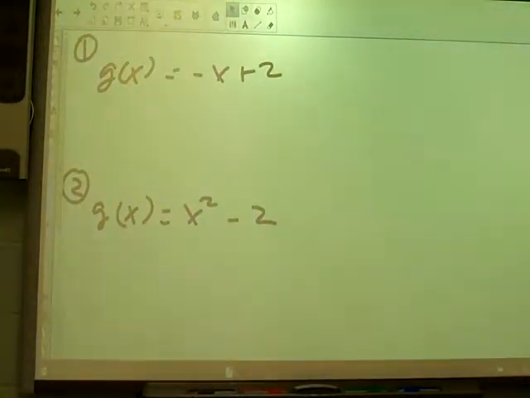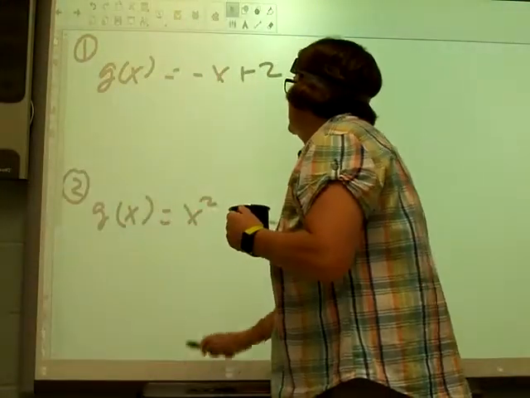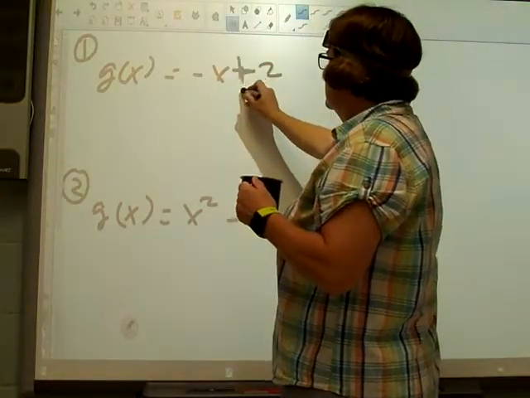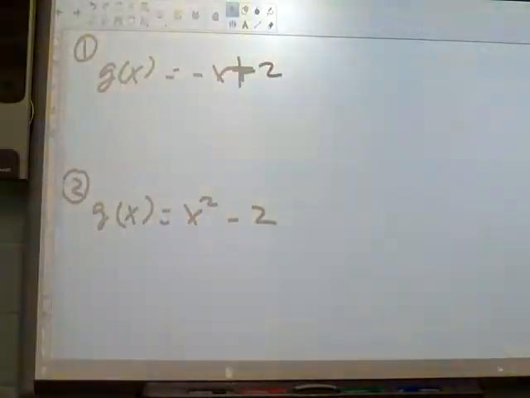What family and what did it do to get away from the parent? No, not number 1. That's probably my bad handwriting. That's a plus there. Oh, okay. There's not. Oh wait, it's negative x.